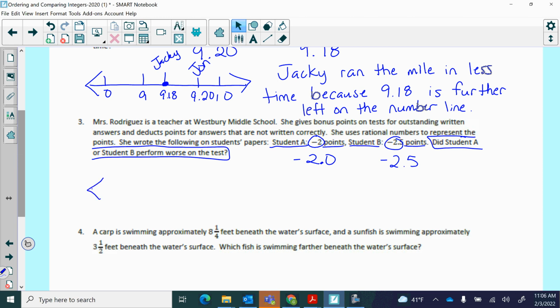Well, let's see. So what side of the number line or 0 does negative numbers come on? The left. So 0 is going to be here, and I know -2 is here, and -3 is here. So student A had -2 points, and student B had -2 5/10 points. Where would 2 5/10 come?